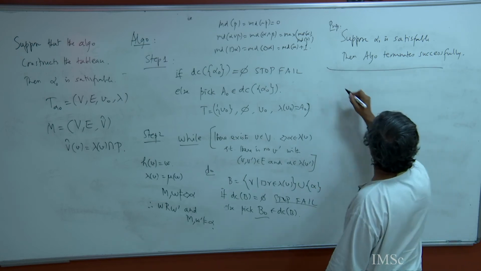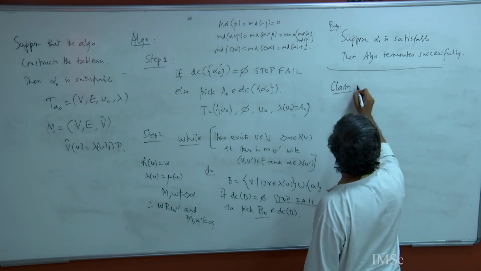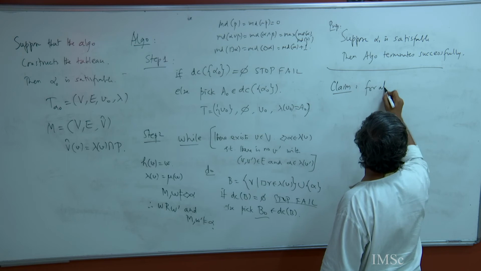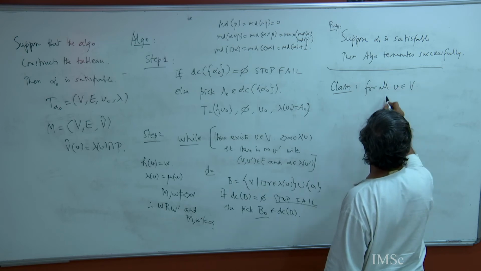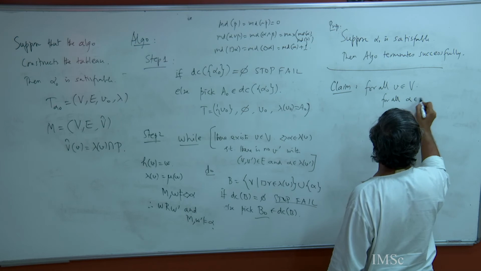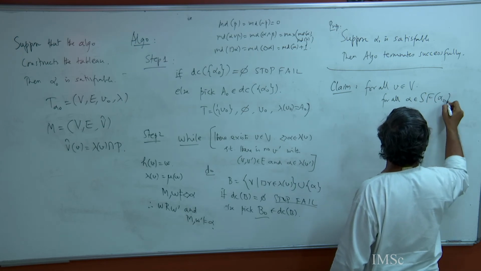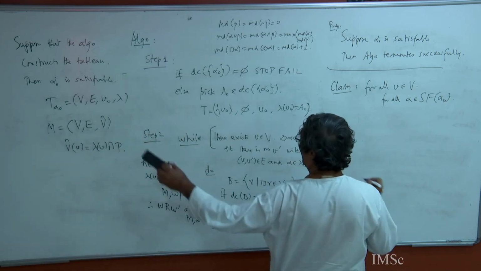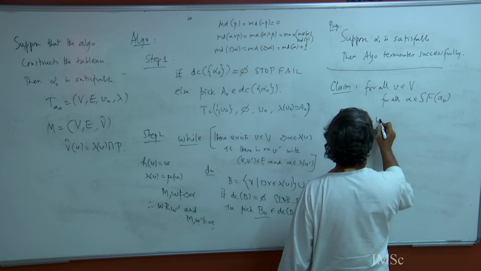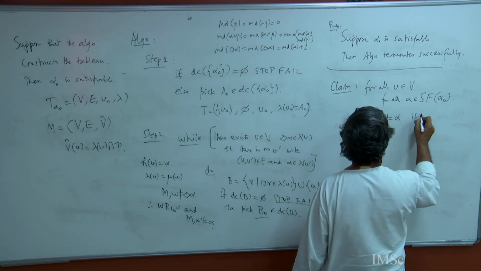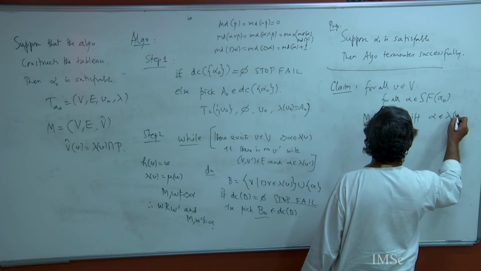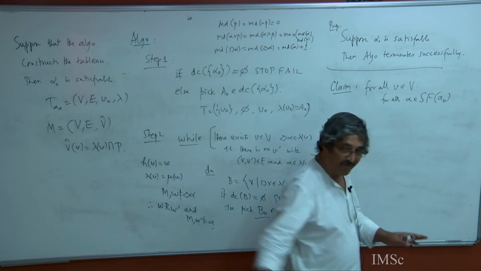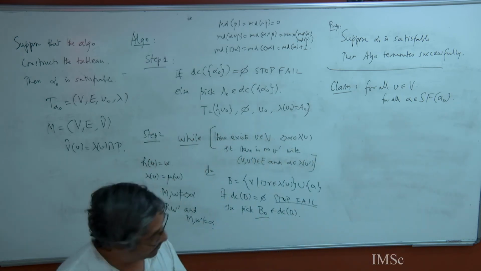Claim: for all tree vertices, for all V belonging to V, for all formulas alpha in the subformulas of alpha naught, in this model M, MV satisfies alpha if and only if alpha belongs to lambda of V. This is what we need to prove. In fact, I am going to prove in one direction. So far we have been proving only both directions. Here is a chance to prove in one direction, let me do it.